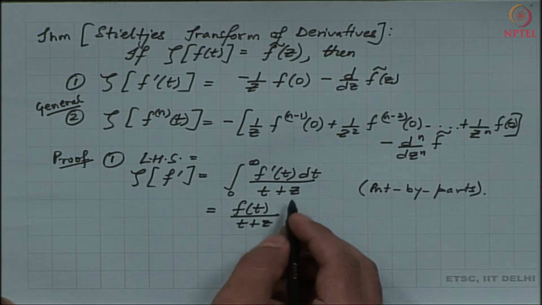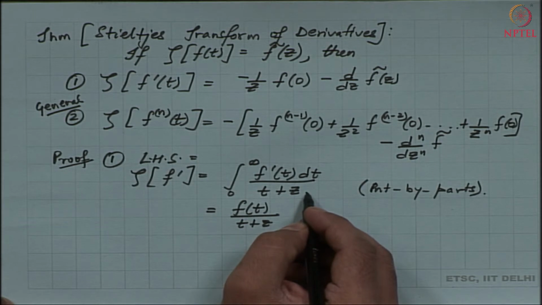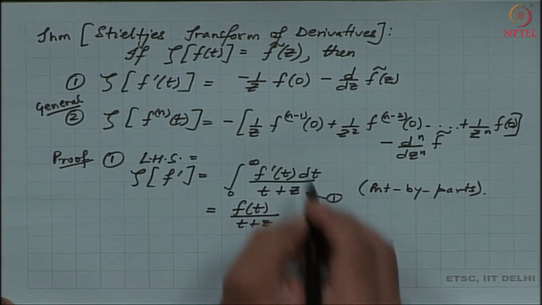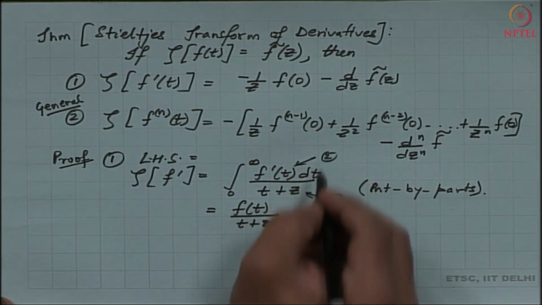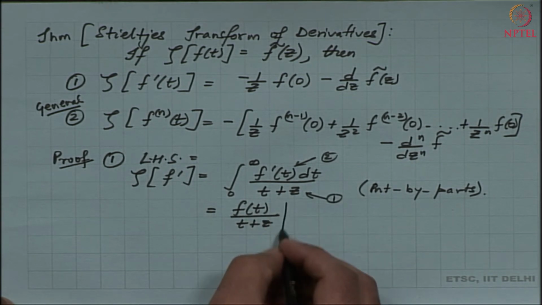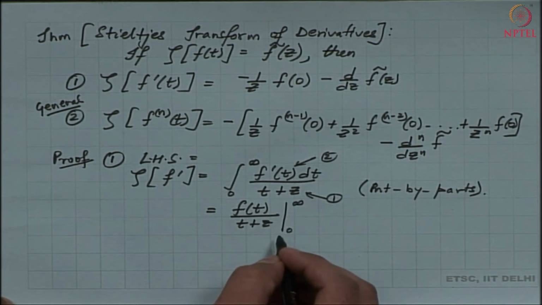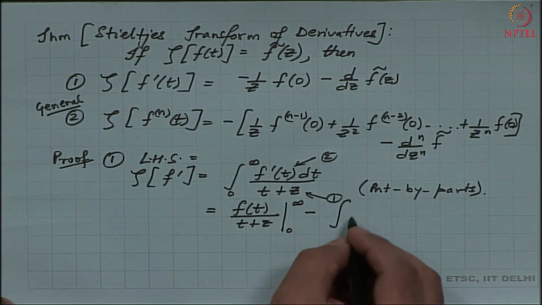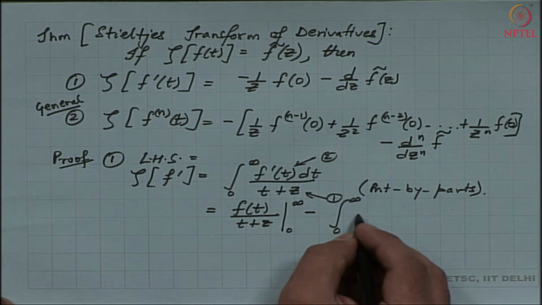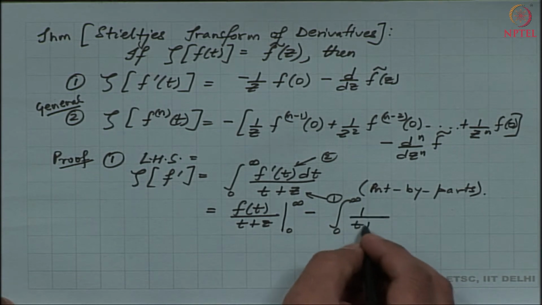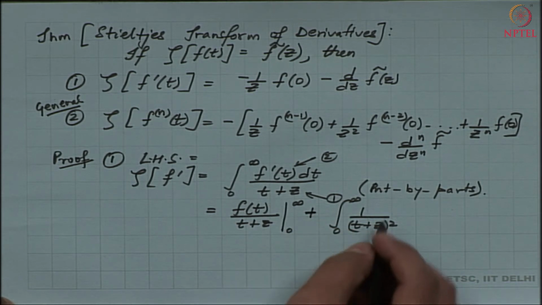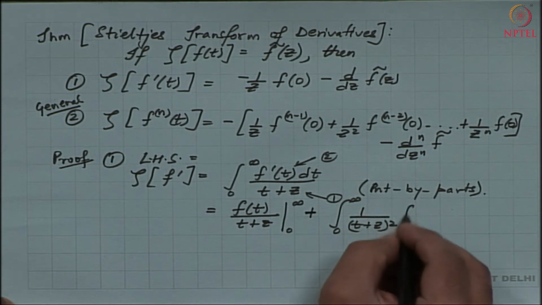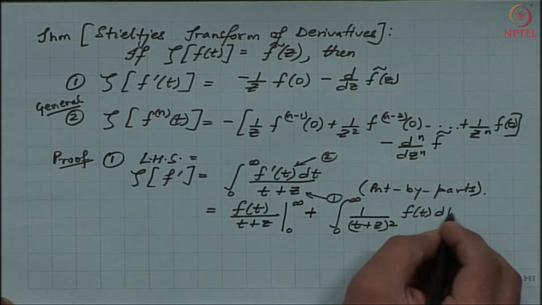Okay, so again I choose this as my first function and this as my second function. So, first function times the integral of the second evaluated from 0 to infinity, minus the differential of the first function, 1 by (t plus z) square, with a minus sign will give me a plus sign, and the integral of the second dt.